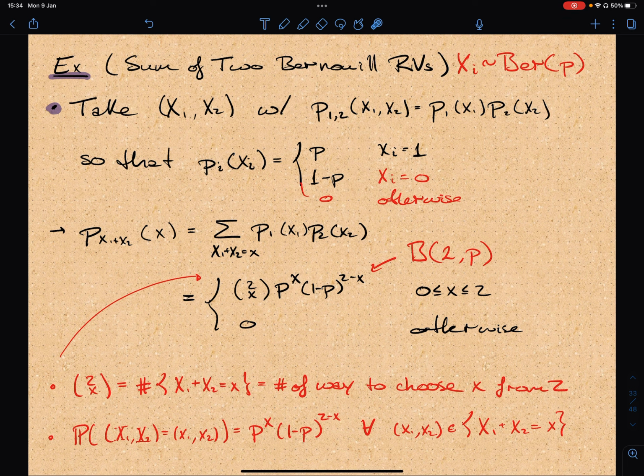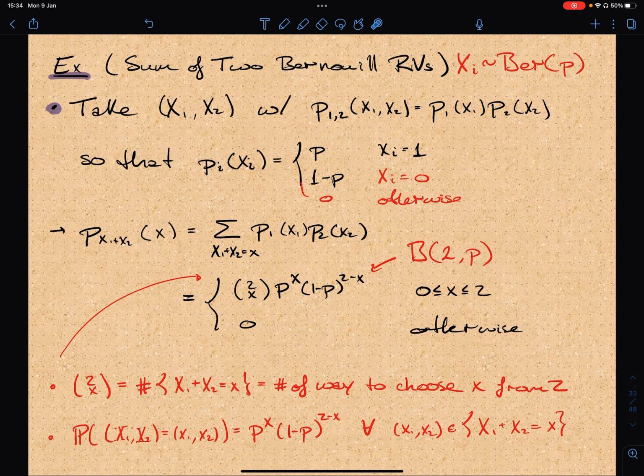And additionally, the second observation is that for each pair x1 and x2 which add up to x, the probability of this event is going to be p to the x times 1 minus p to the 2 minus x. And this is for each x1 and x2 in this event.